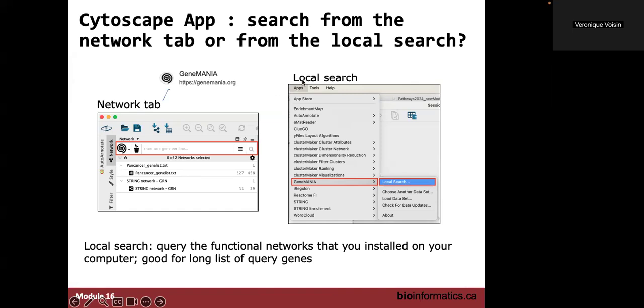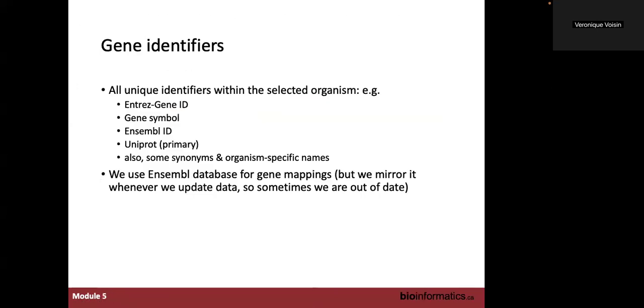But there is also a way to go from the menu Apps, GeneMANIA local search. And this one is going to use the data that you've installed in your local computer. So it's better to use this local search when you have more than 100 genes, because it's going to be more rapid to get the answer.